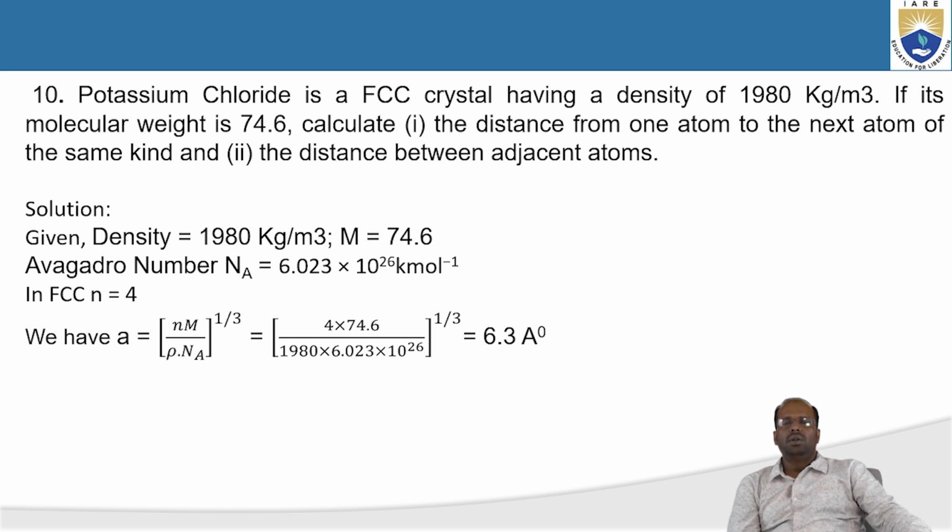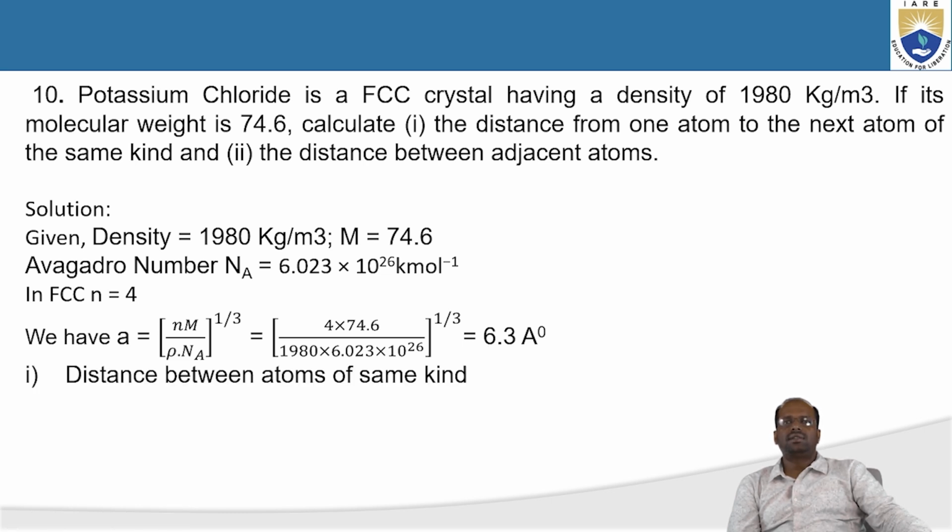So we know face-centered cubic structure has the number of atoms n equal to 4, molecular weight is 74.6, divided by density 1980, then Avogadro number 6.023 into 10 to the power of 26. That is equal to 6.3 angstrom we got.